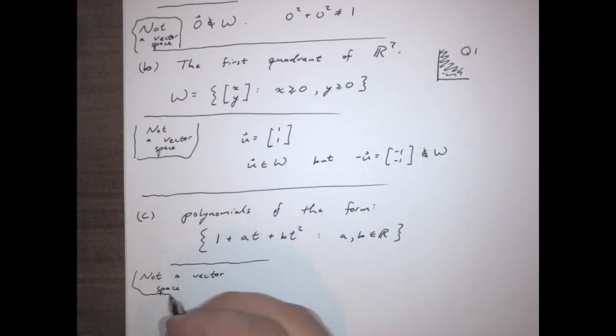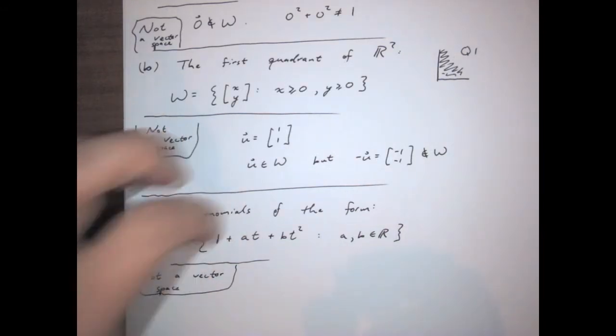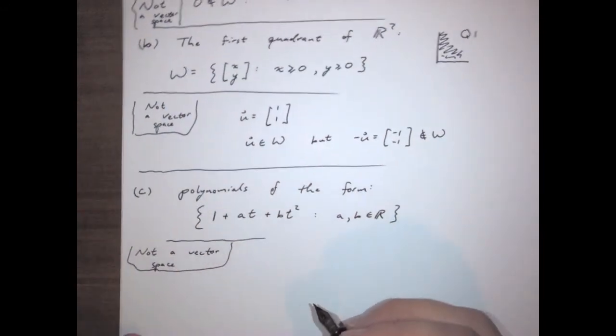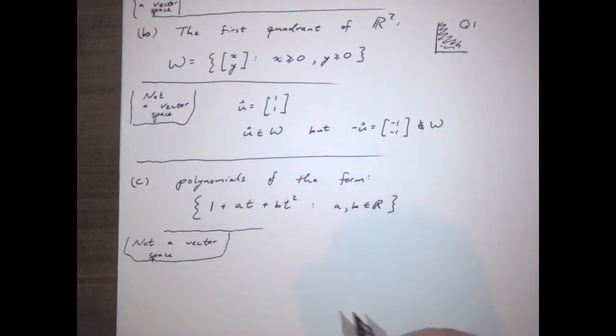And the reason, well, there's a lot of reasons, but that 1 really messes us up because that means that 0, the polynomial of 0, is not in there.